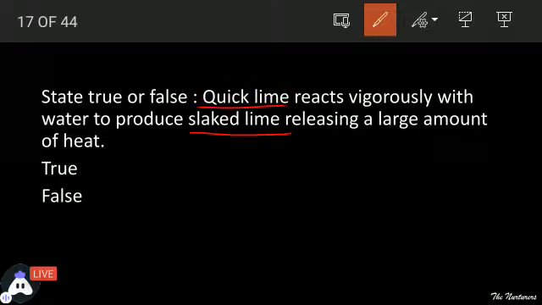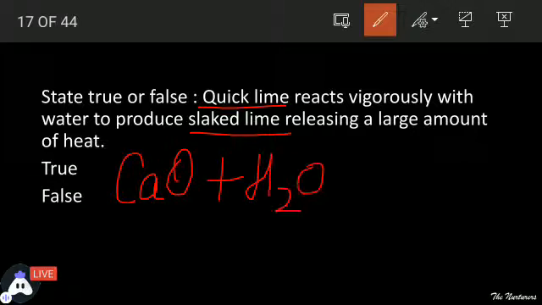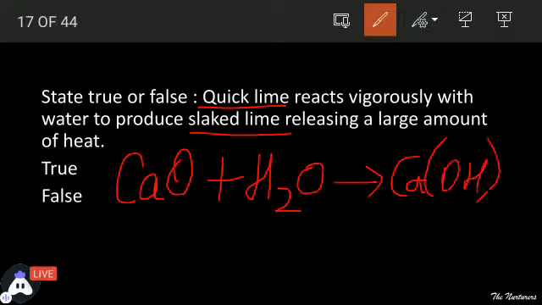Is it true or false? Yes students, the calcium hydroxide produced, calcium oxide और वाटर जब कंबाइन हुए तो जो प्रोडक्ट आया, that was our calcium hydroxide. And this calcium hydroxide is termed as slaked lime. And yes, it is releasing a large amount of heat. That was the only reason we termed it as exothermic. So this is true.